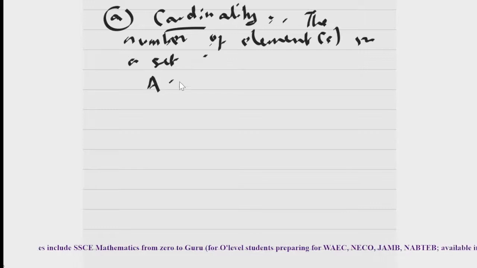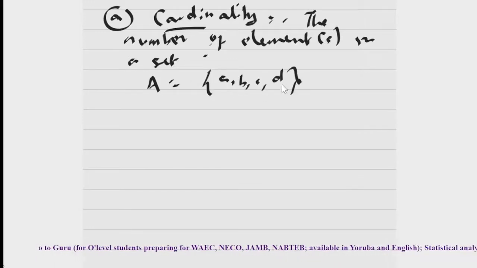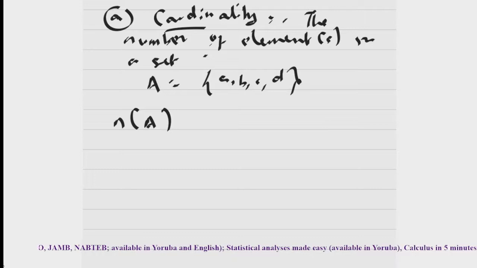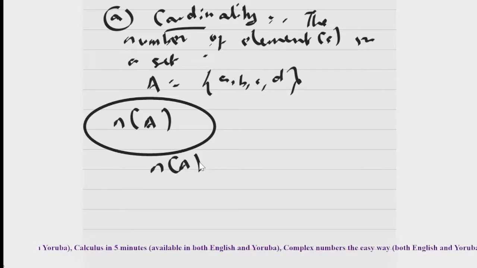For example, the other time I said my set A is {a, b, c, d}. So the cardinality of this set A, which is denoted by n(A), when you see n(A), it is actually referring to the cardinality. So n(A), that is the cardinality of A, is the number of elements in set A. Okay, let us count them. 1, 2, 3, 4. It means the cardinality of set A is equal to 4.